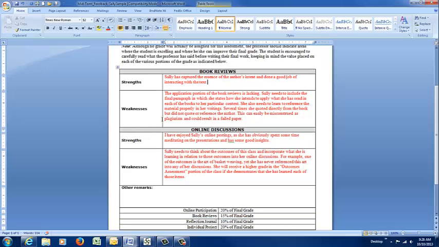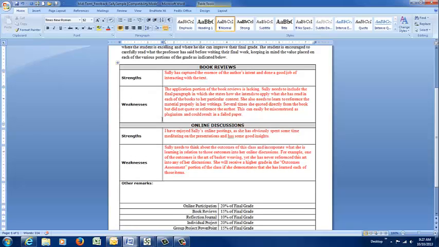It's going to be very important for the professors to write what they see, what they've observed, and what the student has done so far in the book reviews and the online discussions so that they can improve for that final paper.